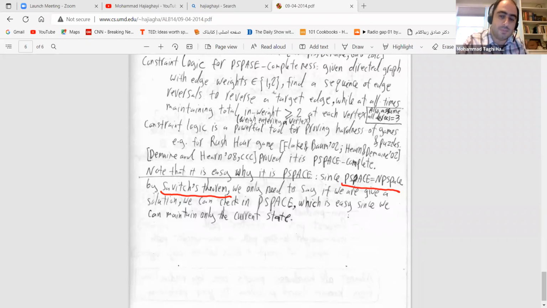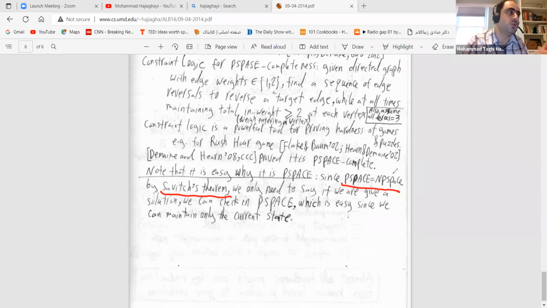Solving this problem might be non-trivial, but if we use the theorem PSPACE equals NPSPACE, it says that if the order of the edge reversals is given to you, checking whether it is a valid solution would be very easy, because we can just go through it. So the idea of trying all possibilities is hidden in this PSPACE to NPSPACE equivalence.